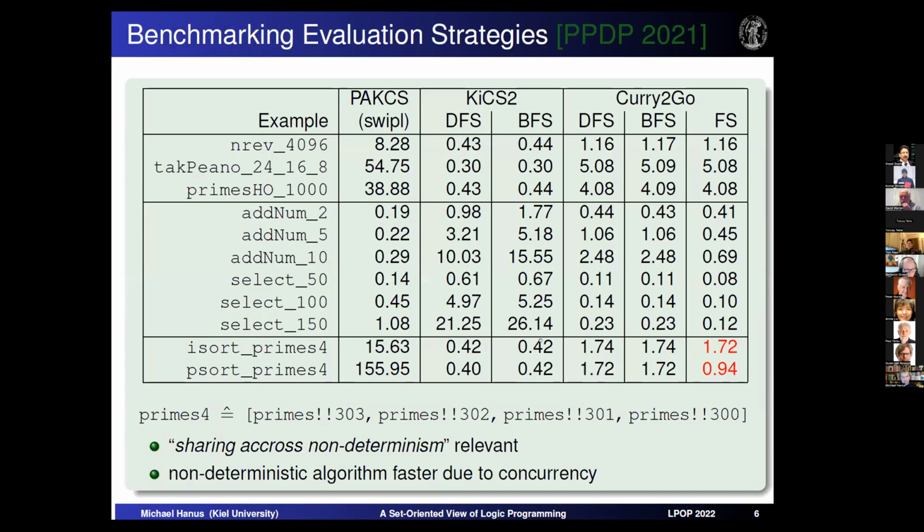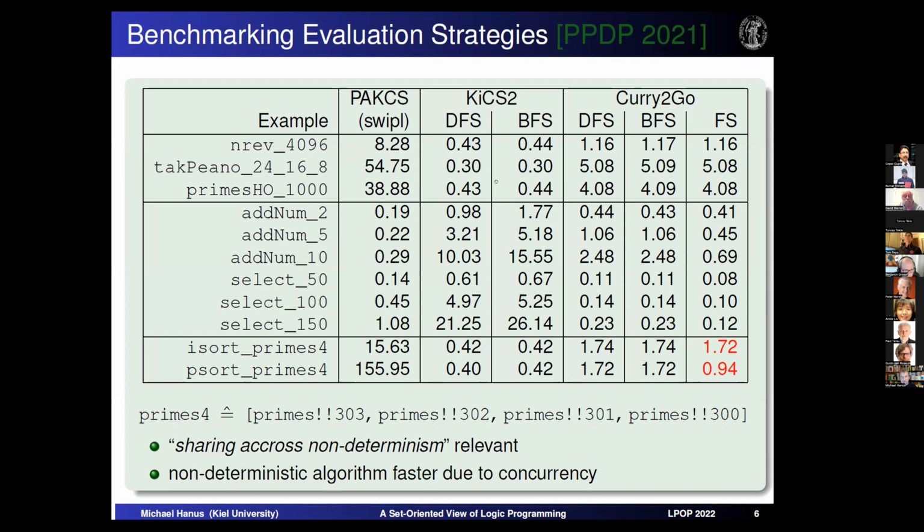So just to show you that an implementation of a really fair search strategy does not really add some complexity. Here is a table from another paper, where we compare Pakcs, the implementation of Curry which is based on compiling Curry programs into SWI-Prolog programs, or KiCS2, which compiles into Haskell.